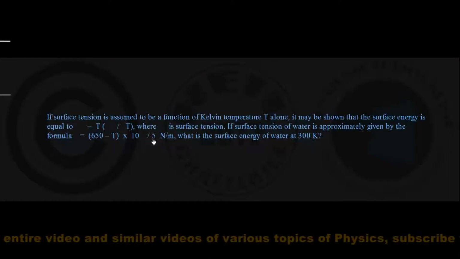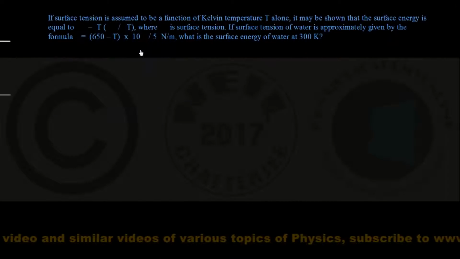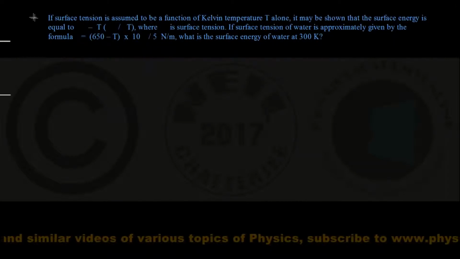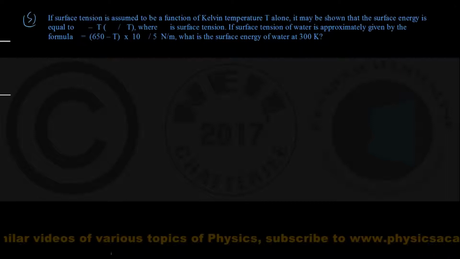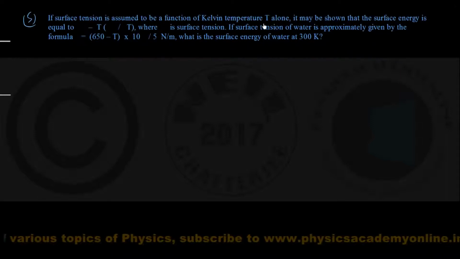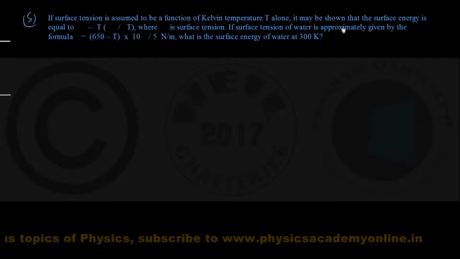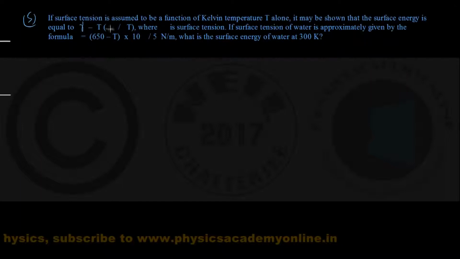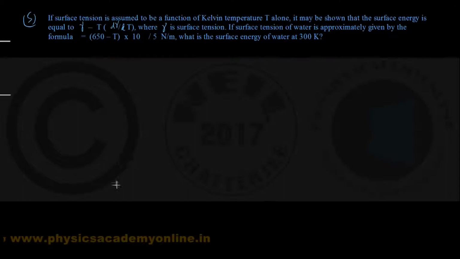Let us go for the next problem that reads as follows. This is problem number 5. If surface tension is assumed to be a function of Kelvin temperature capital T alone, it may be shown that the surface energy is equal to gamma minus T into d gamma dt, where gamma is surface tension.